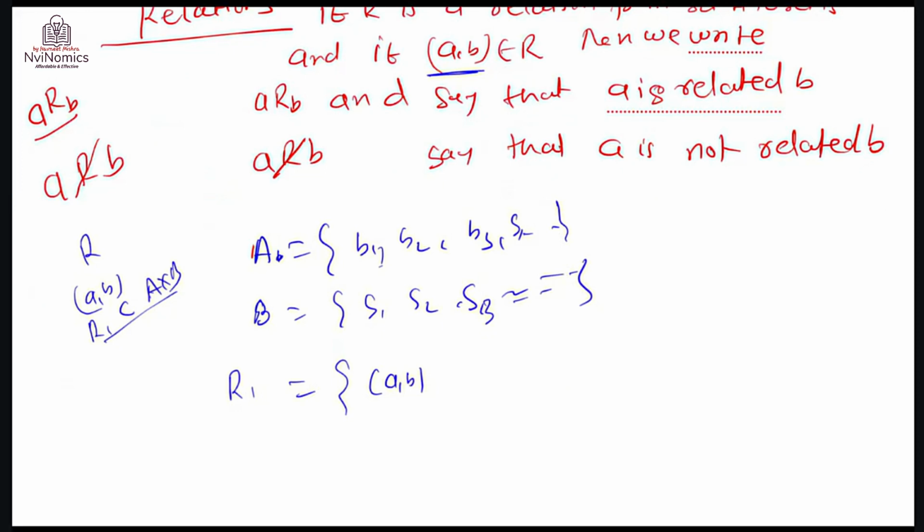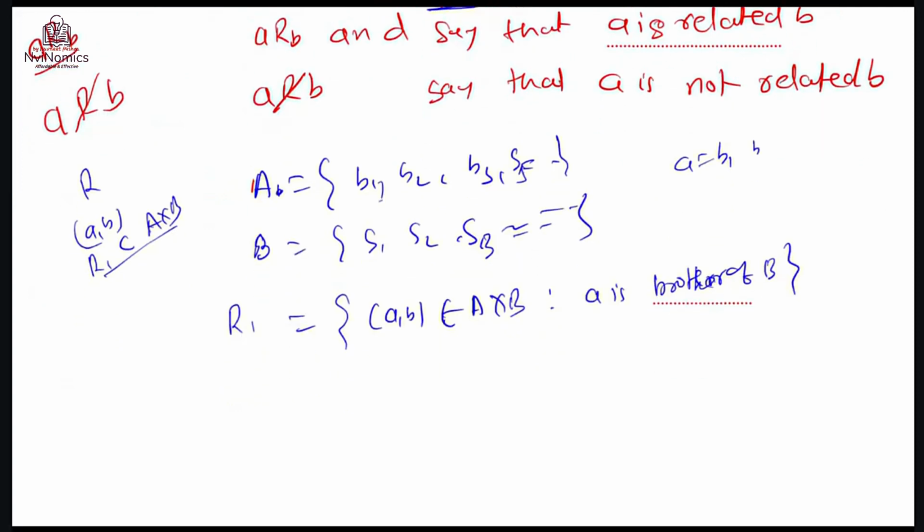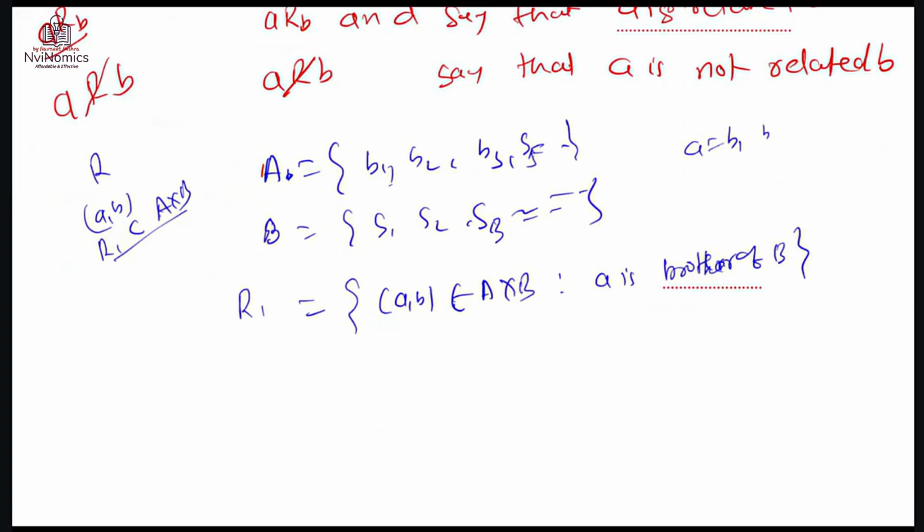That's why I write (a, b) here, and it belongs to A cross B such that a is brother of b. This is a type of relation. Here, instead of b1, b2, b3, we write a. What is a? a is going to be an element of the set A, and a can be b1, b2, or let's say s5. These are the people. And here we defined the relation as a is brother of b. Okay, now I would like to define another relation R2.